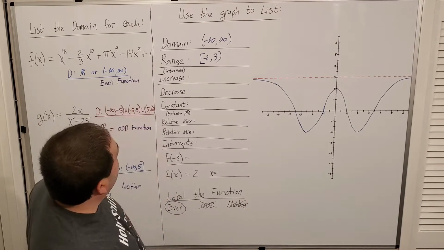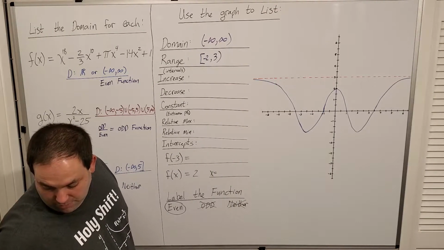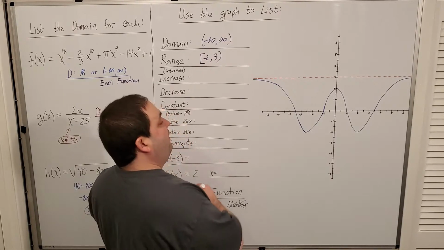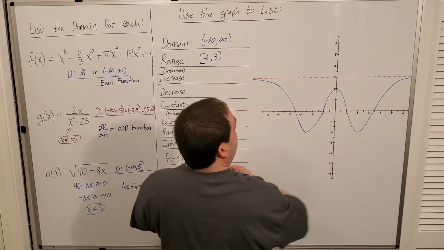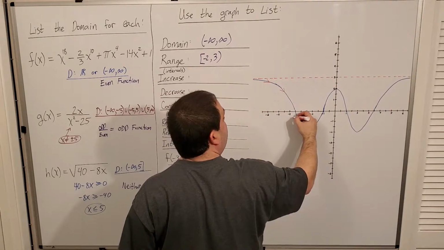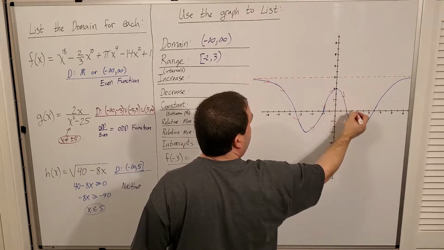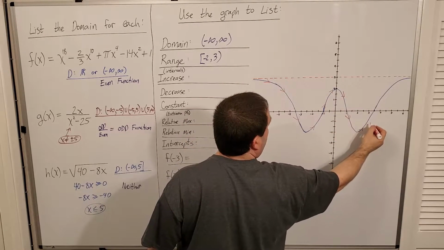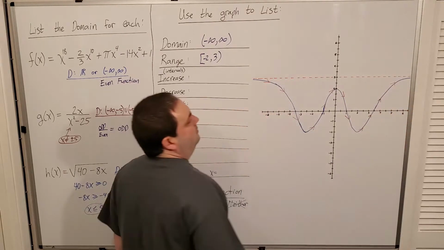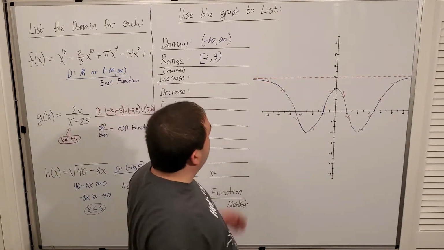Okay, now, intervals of increase, decrease, and constant. Remember, the trick for this one is to orient the graph. If I were drawing the graph from left to right, I would orient the graph in this direction. Like so. Like I'm putting little arrows on it, right? Okay, so orienting the graph, look at which way the arrows are pointing.